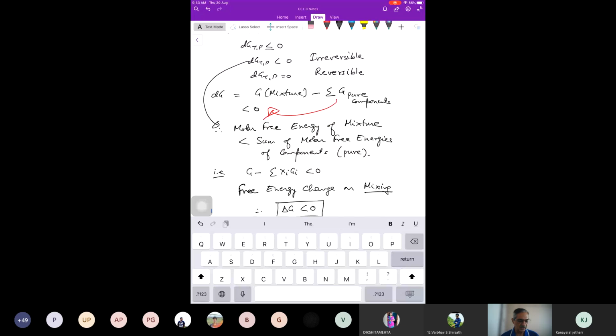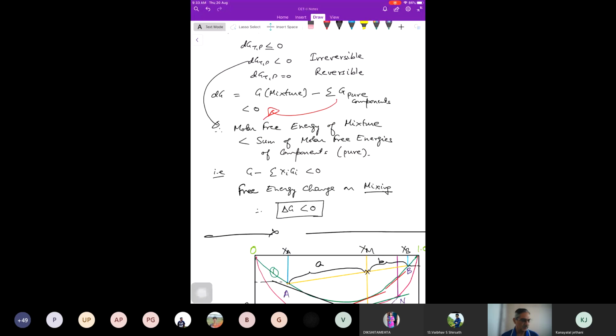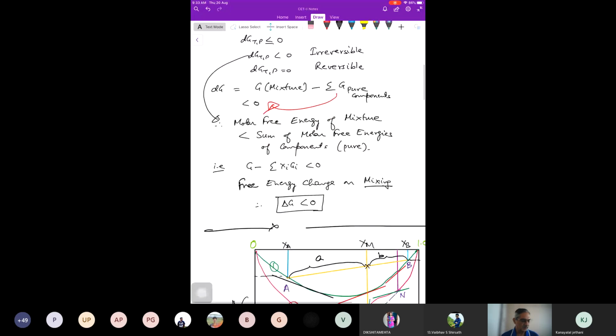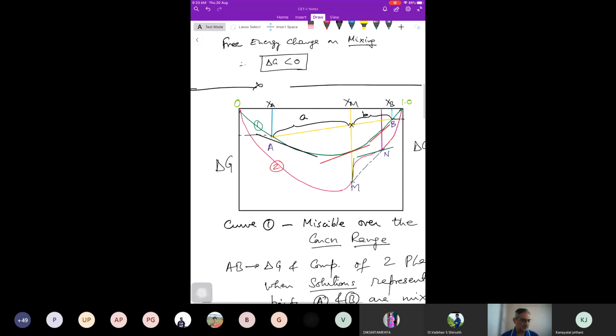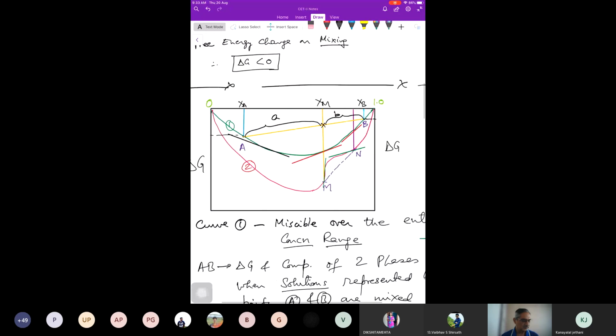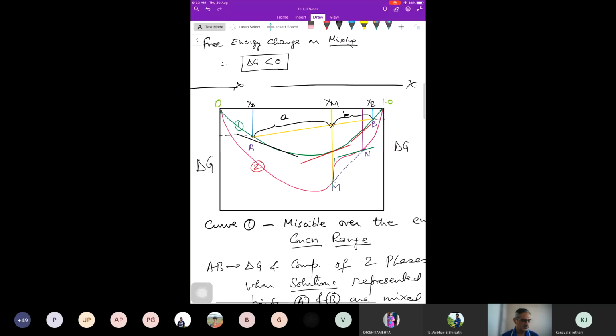Now let us see what is the stability condition. If you plot delta G versus mole fraction, y-axis is delta G and x-axis is mole fraction of component in mixture, and you're taking a binary system, right?